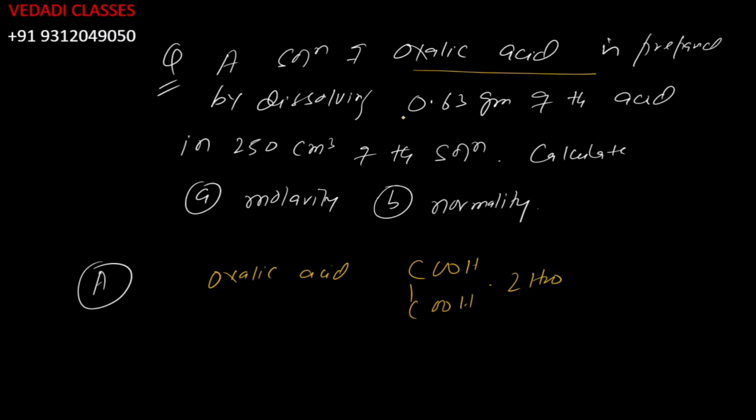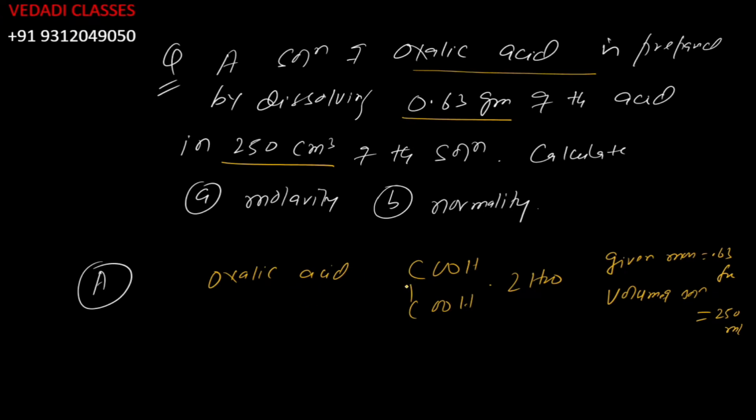Now they have given the mass, 0.63 gram, and the volume of the solution, 250 centimeter cube, which is milliliter. First find out the molar mass of oxalic acid.